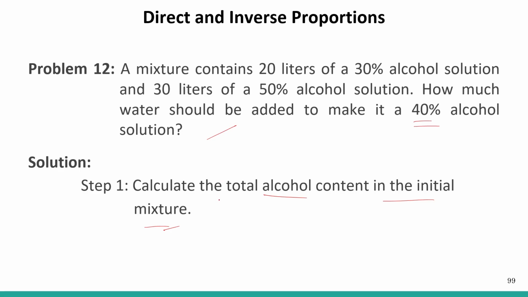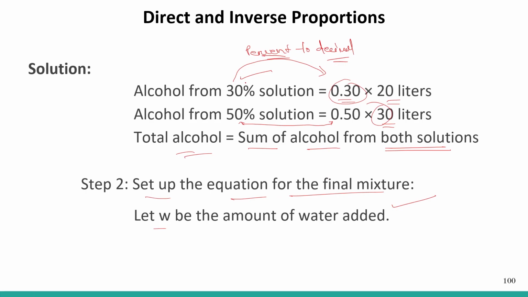So what we did first, we calculated the total alcohol content in the initial mixture. How? We first converted the percentages 30 and 50 to decimal form, 0.30 and 0.50 respectively. Then we evaluated how much pure alcohol is there in the 30% solution of 20 liters and the 50% solution of 30 liters. The total alcohol is the sum of pure alcohol from both solutions.